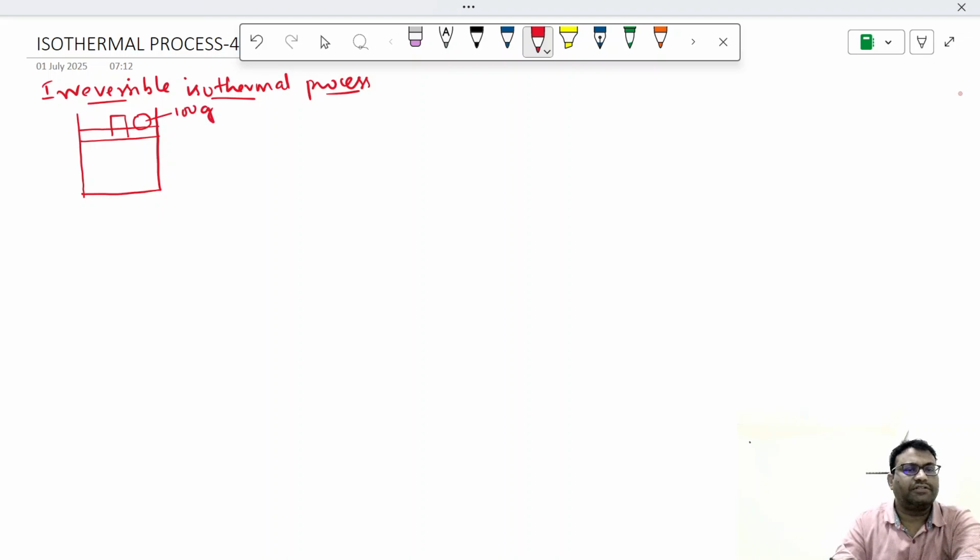Suddenly this piston moves up to here and stops, right? Initially the piston is here, so the volume is this much, V initial. When 100 grams is placed, it has moved from here to here. Now the volume is final volume.